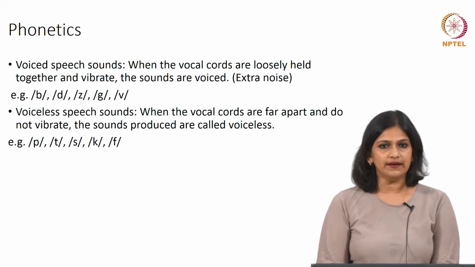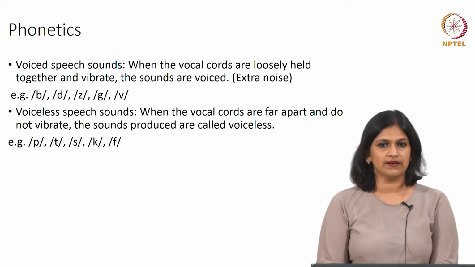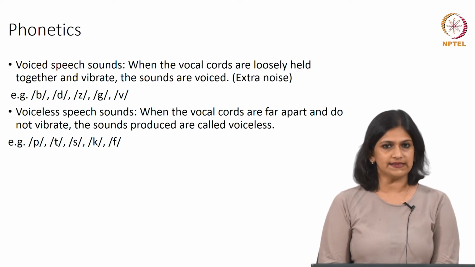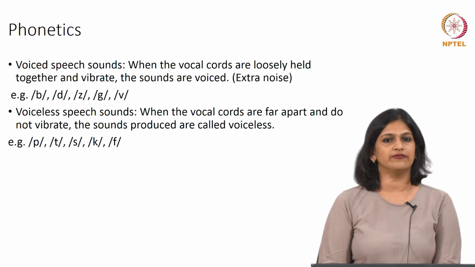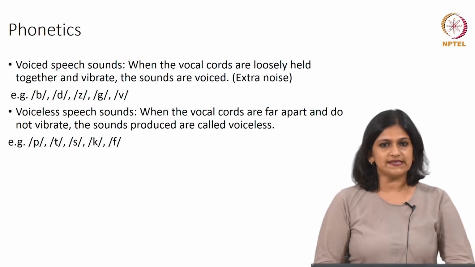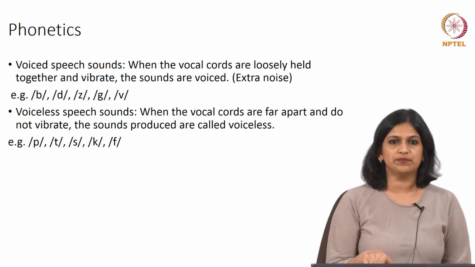Similarly, D is voiced but T is voiceless. Z is voiced but S is voiceless. G is voiced but K is voiceless. V is voiced but F is voiceless. These are just some preliminary information about voiced and voiceless speech sounds.